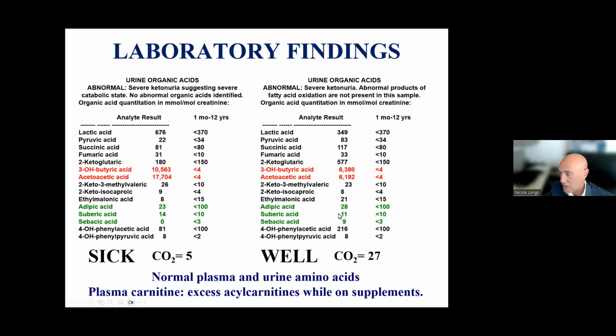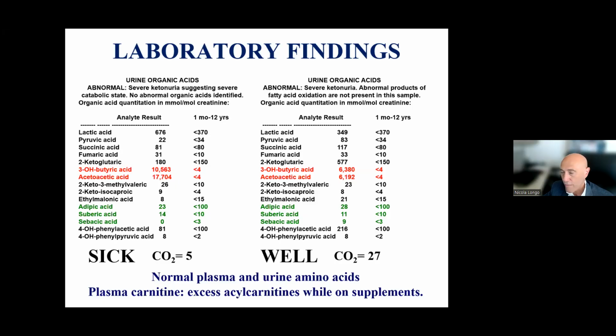You still see no adipic, suberic, and sebacic, and the CO2 is 27. So what was happening here is that obviously the child, during fasting, releases more fatty acid, utilizes them, produces more ketones, and becomes severely acidotic. But even when well, the child is severely acidotic.